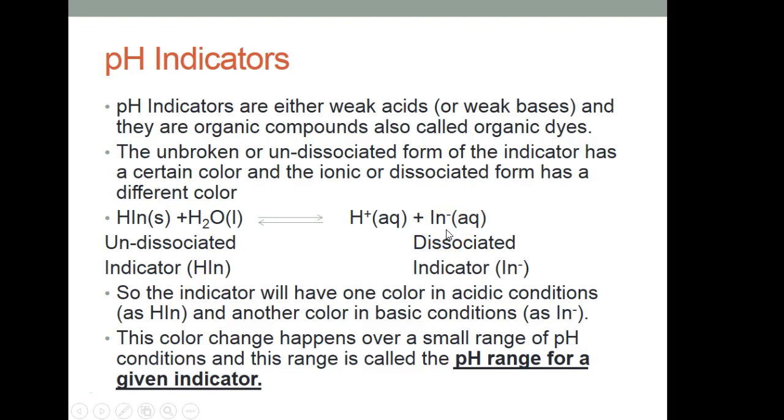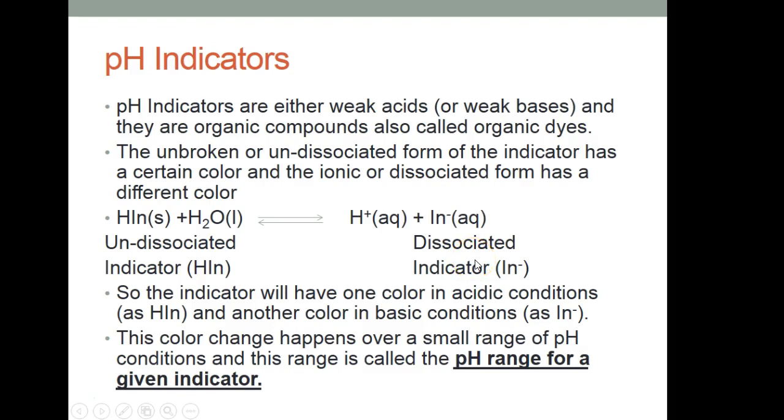Since it's a weak acid, most of the time the form it exists in solution is the undissociated, or the acid form. A little bit of the conjugate base will form, but not as much as the acid which is undissociated. This undissociated acid will have a certain color, and the conjugate base will have a different color.